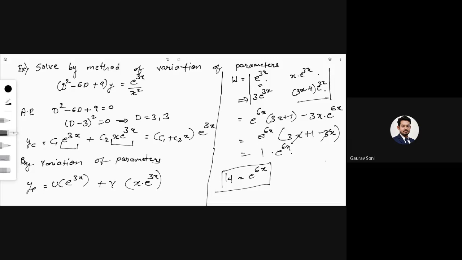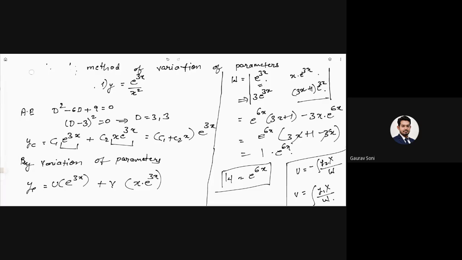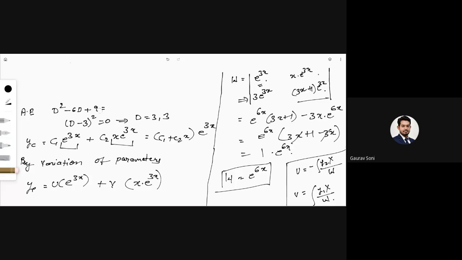Now we need to find u. I just write down the two formulas here. What is our u? u is equal to minus integration y2 into X divided by W, and v is integration y1 into X divided by W. So I'll use these two formulas now. So u is equal to minus integration y2.